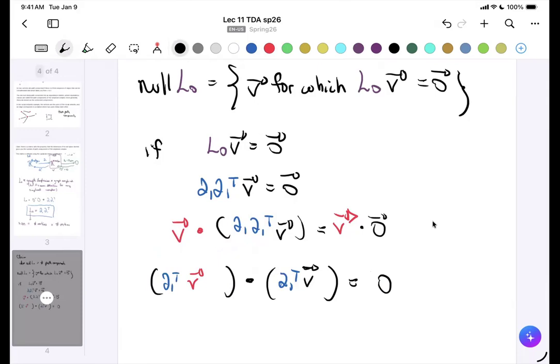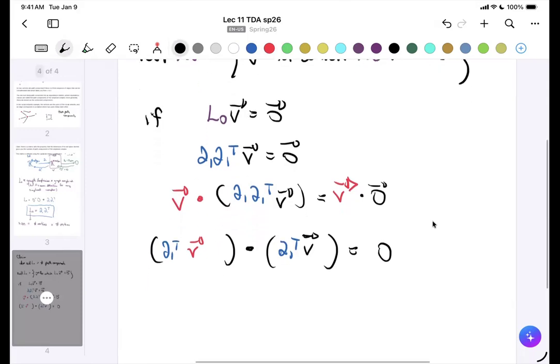Oh, cute. But what did just happen? If you notice, the two factors are the same, right? So you're actually just taking the dot product of a vector with itself, and the dot product of a vector with itself is its length squared, the magnitude squared. So this is the same as saying that the magnitude squared of the transpose of this linear transformation, the first boundary map transpose times v, has length 0.